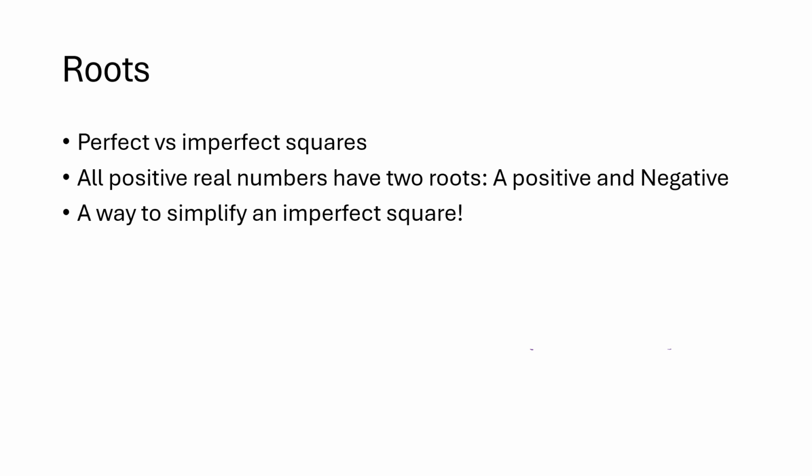But what if you get an imperfect square root, like the square root of 45? Well, we all know that the closest perfect square is 49, which means this is an imperfect square root because you would need a calculator.